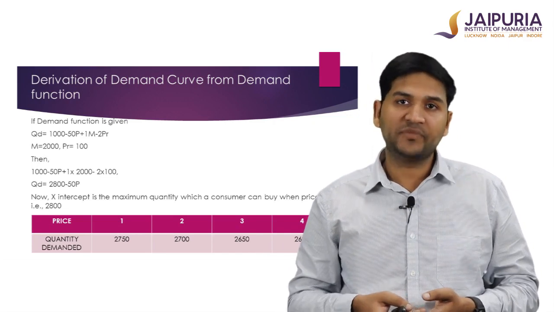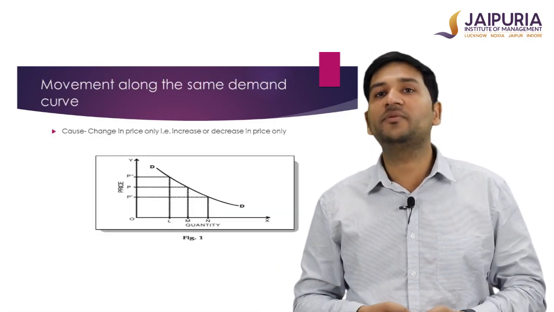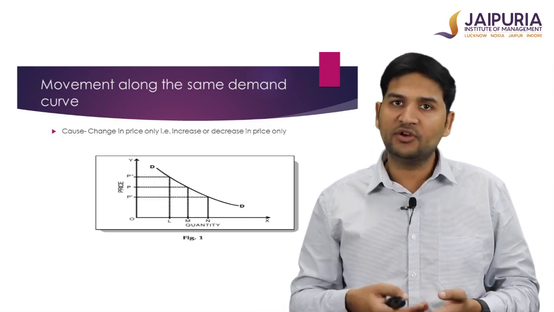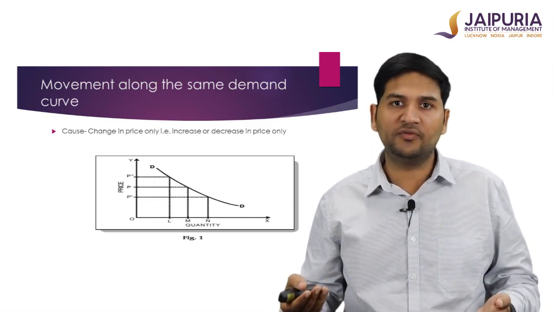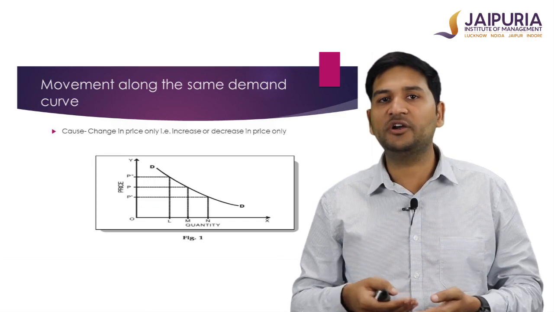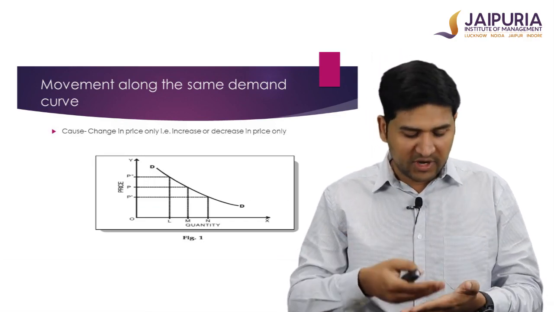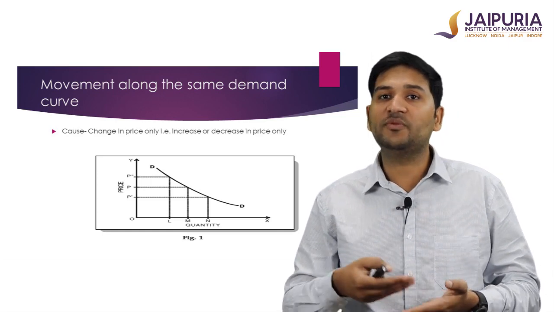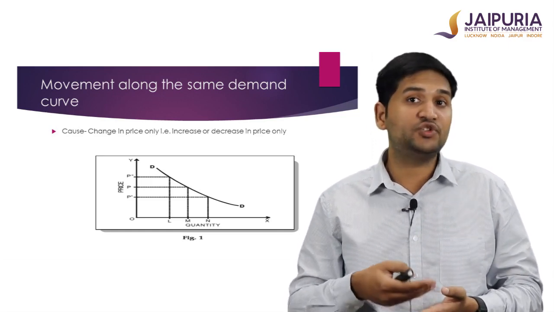Now next is the movement along the same demand curve and shift in demand. Now first we will discuss movement along the same demand curve. What is movement along the same demand curve? The basic cause of movement along the same demand curve is the change in price only.